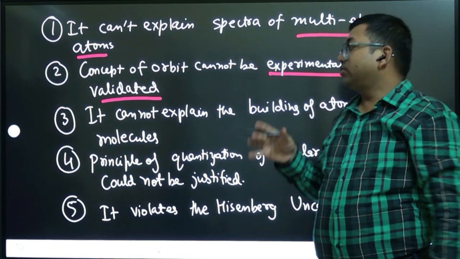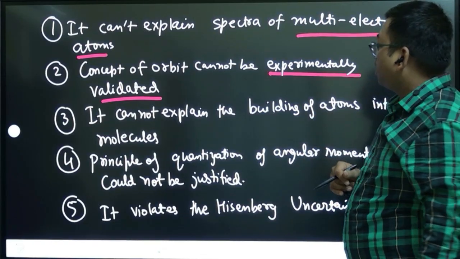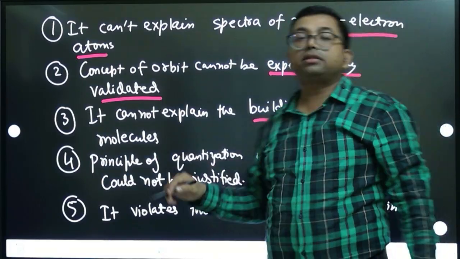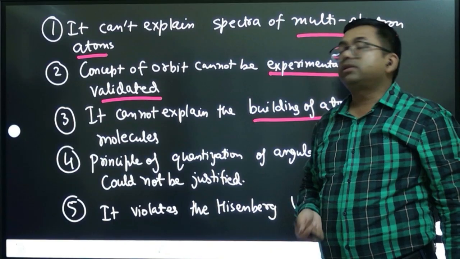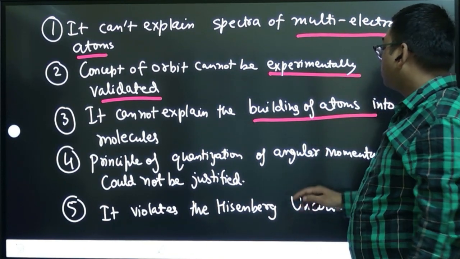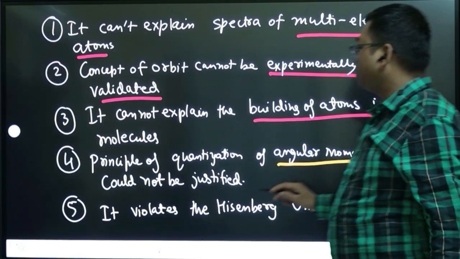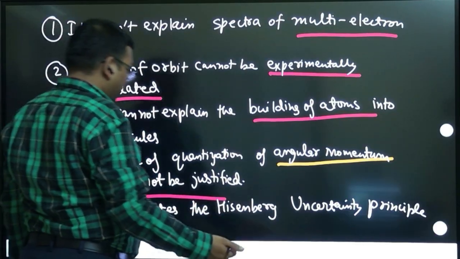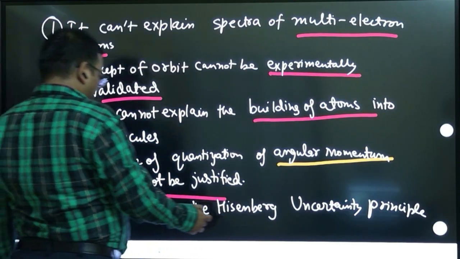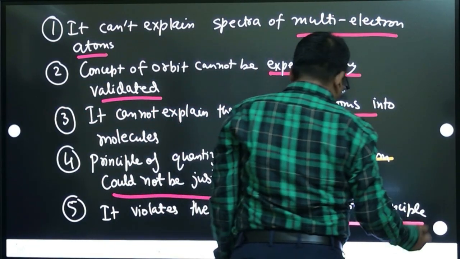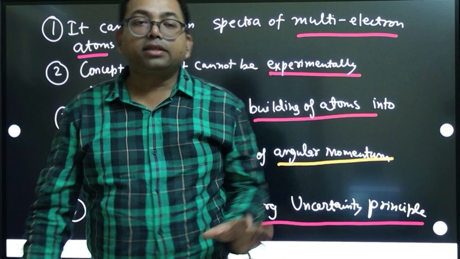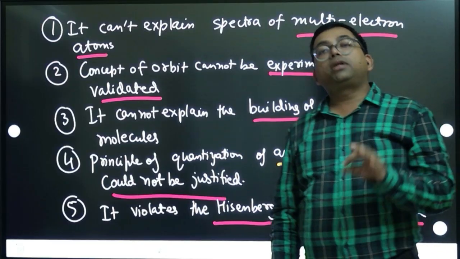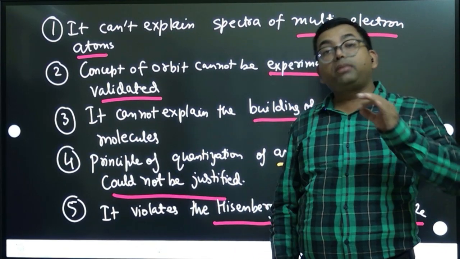That's what it could not explain. It cannot explain the building of molecules, or why chemical reactions happen. Principle of quantization: why did Bohr keep the idea that angular momentum is quantized? He could not explain that. And it doesn't follow the uncertainty principle, because according to Heisenberg, position as well as momentum cannot be accurately measured.